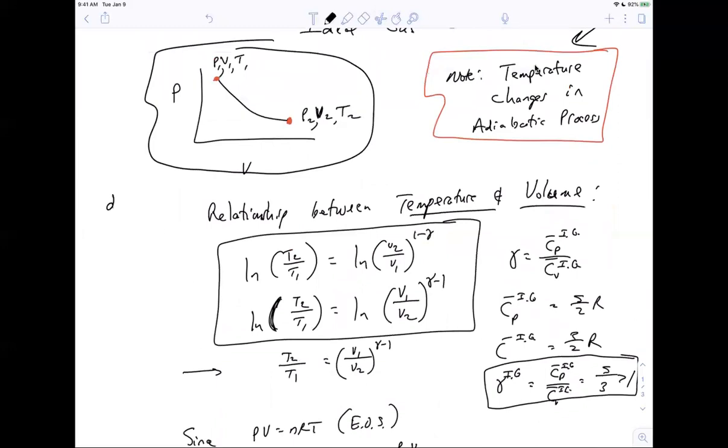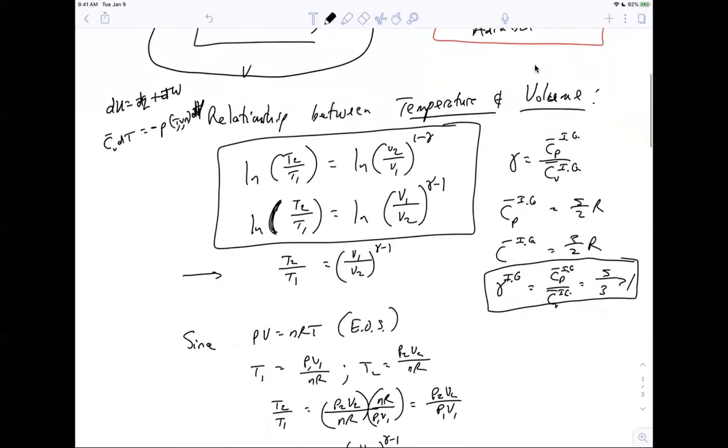If you remember, du is equal to dq plus dw, and since it's adiabatic, dq is 0, and since it's an ideal gas, we can write du as Cv bar dT, and then dw, because it's reversible, is just minus P dV. That's why we initially had a relationship between temperature and volume, and that relationship is given here.